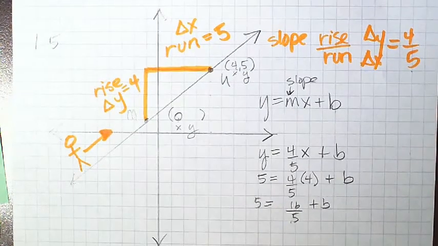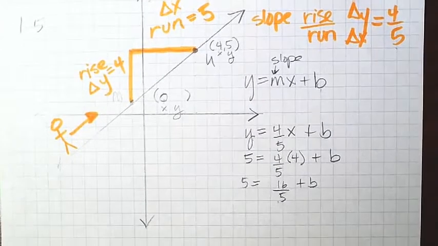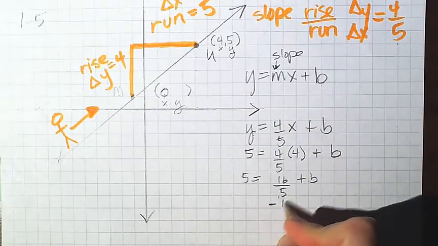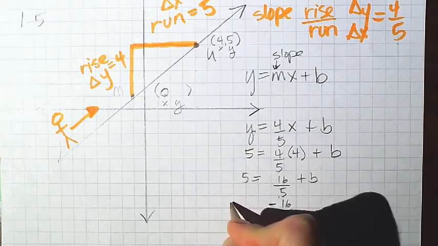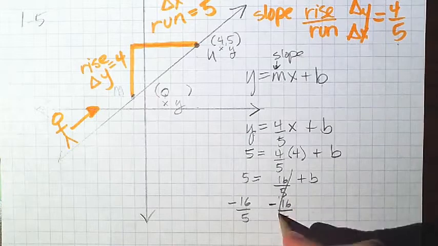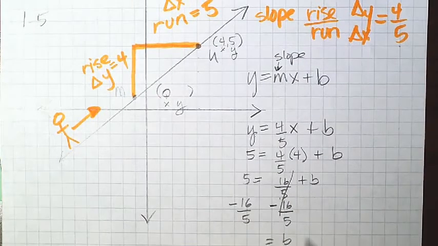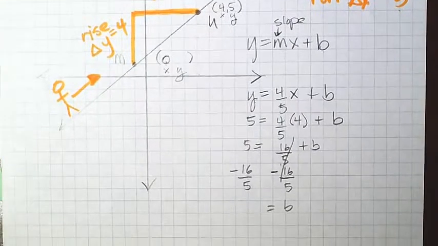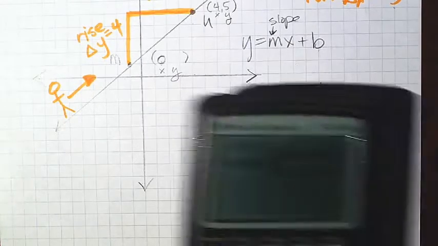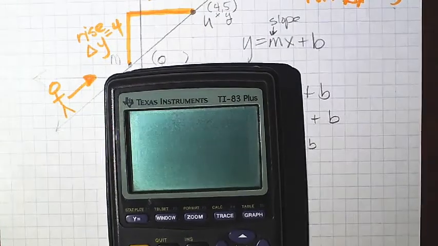Now you may say, oh, I don't want to deal with that fraction. Okay, that's fine. You're just going to subtract 16/5 from each side. And you could do that on Desmos. You could type in 5 minus 16 over 5. This isn't Desmos, but it'll give you a sense of what it would look like on Desmos.